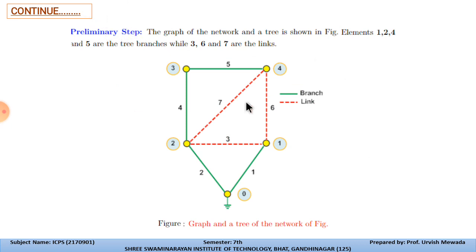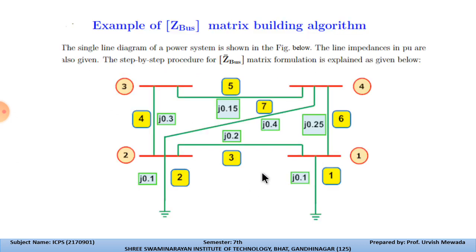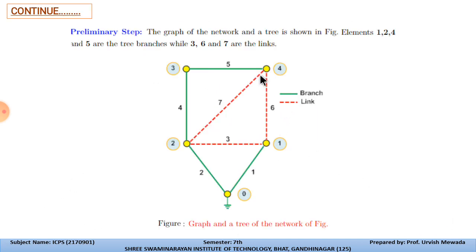First of all, we draw the graph of the system. In this we have the tree and the co-tree. The tree includes all the nodes but doesn't contain any closed path. With the help of elements 5, 4, 2 and 1 we form the tree, and 7, 3 and 6 form the co-tree.